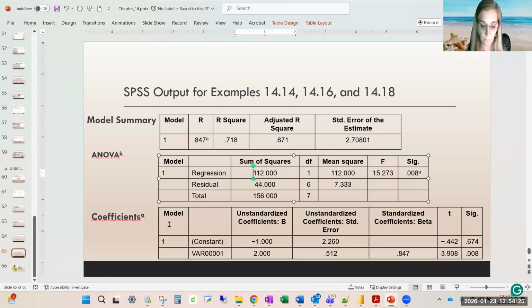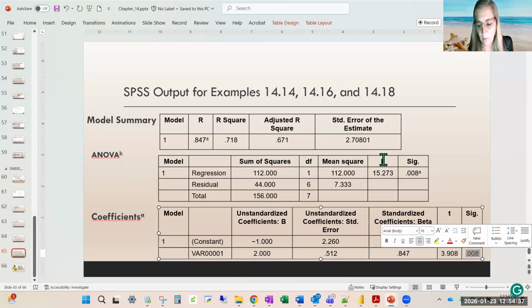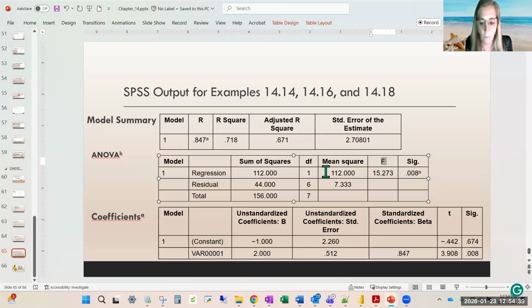And then the coefficients give you a t-test. So if they're related to each other, each individual is also being compared down here, right? The F-test is done because a lot of times linear regression is used to compare more than one variable. So it takes them all together and tells you if there's a relationship between them.